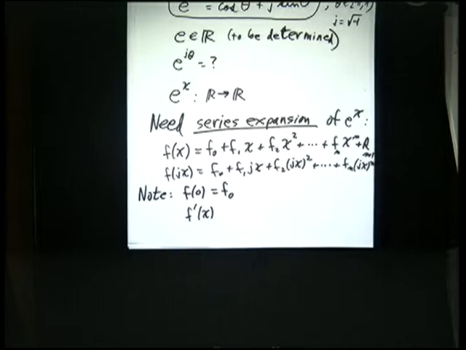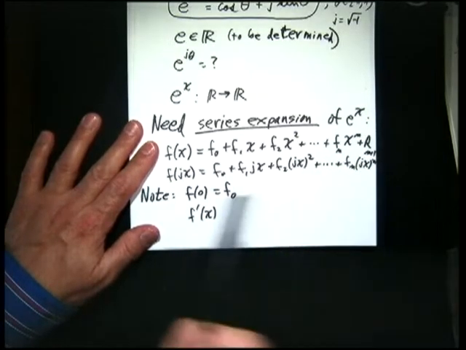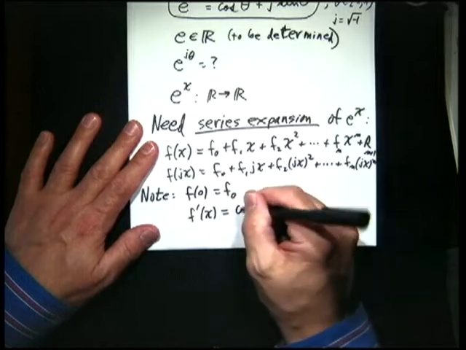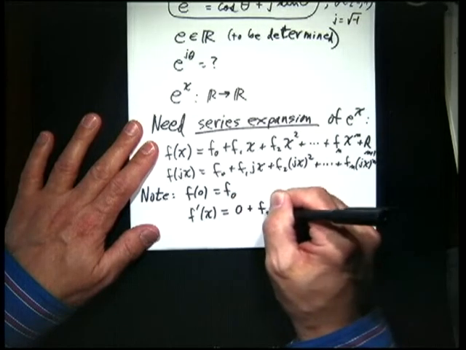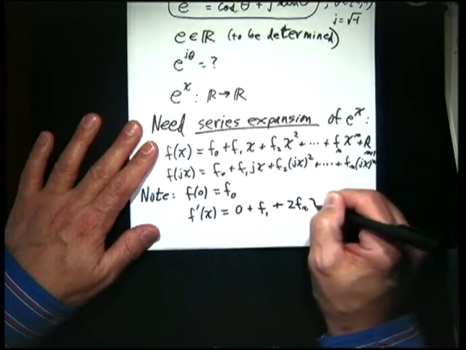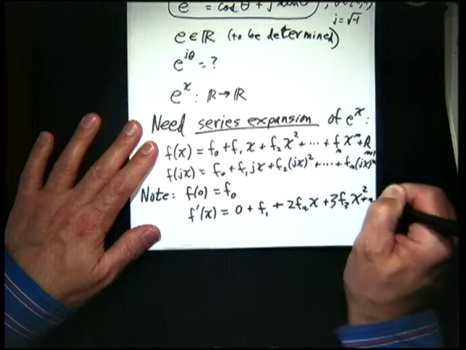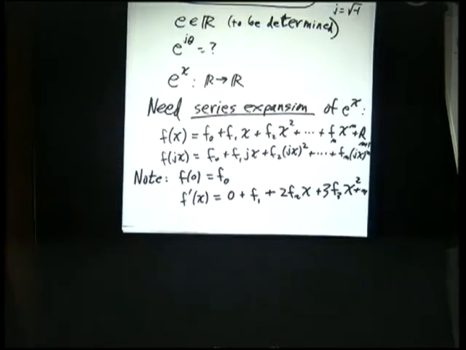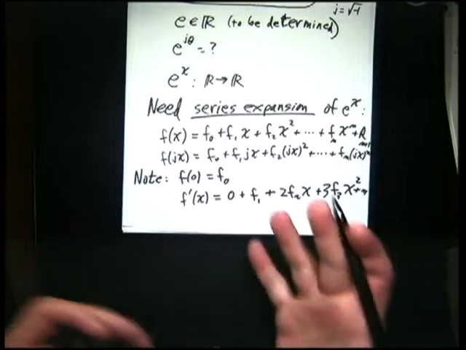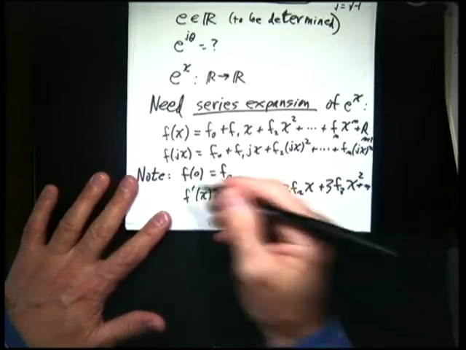This is about the only calculus we're going to need. You differentiate a polynomial, the constant term goes away, the linear term becomes f1, then you have 2f2x plus 3f3x squared, and so on. So that's just the rule for differentiating a polynomial. If you want to see that derived, we can do that in office hours.